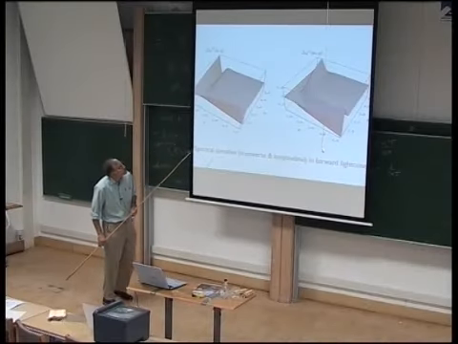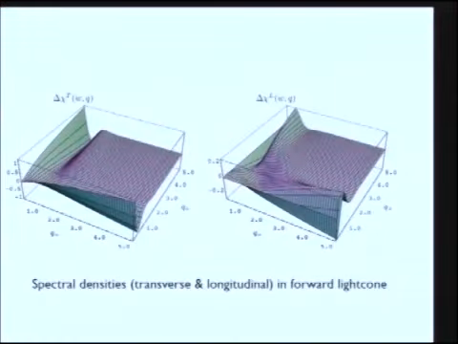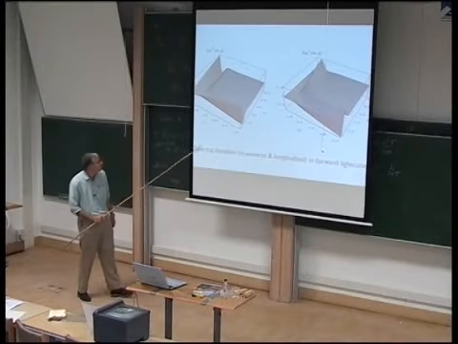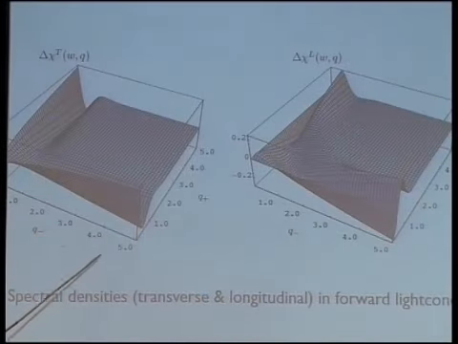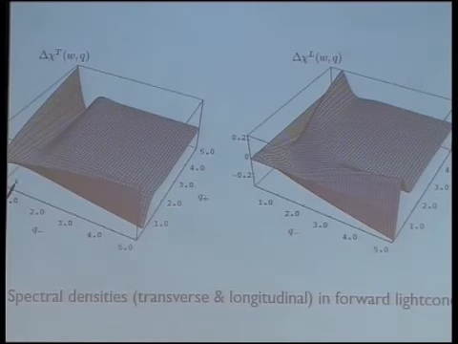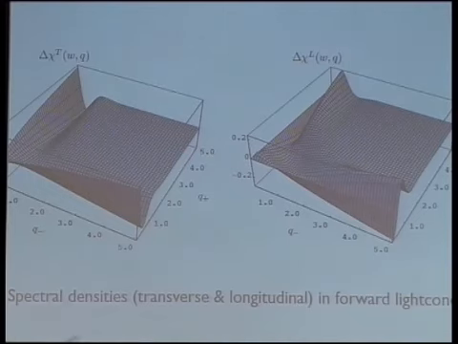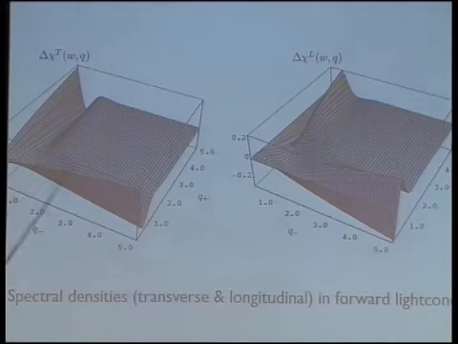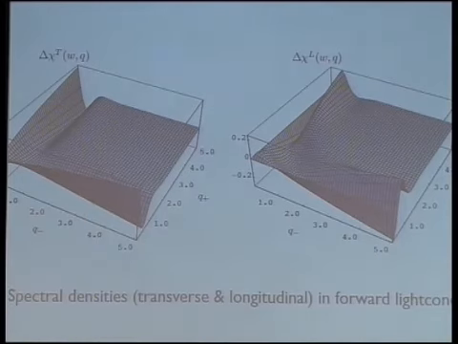Here are pictures of the transverse part of the spectral density or the longitudinal part, and it's their sum that's physical here, plotted as a function of, well, basically frequency plus wave vector on one axis and frequency minus wave vector on the other axis. So in other words, this edge right here is looking at it on the light cone, as is the opposite edge back there. Looking at it over here is looking at it as increasingly large time-like four momentum.